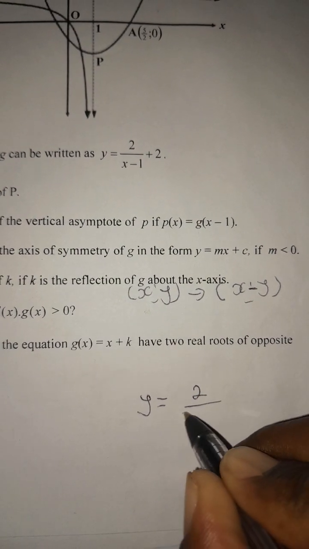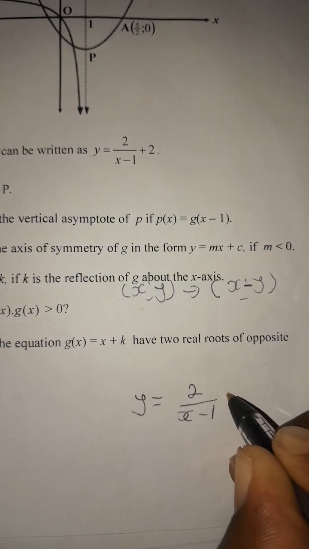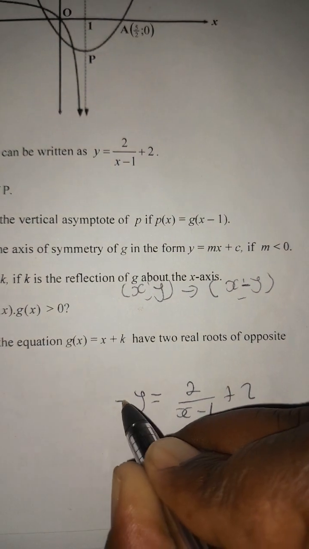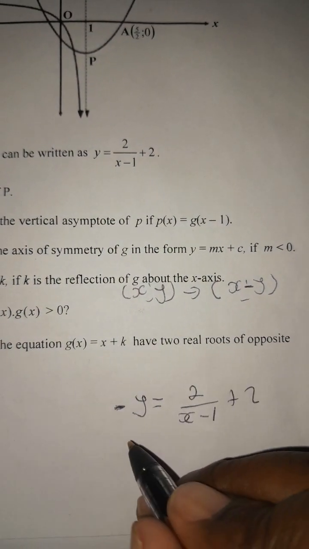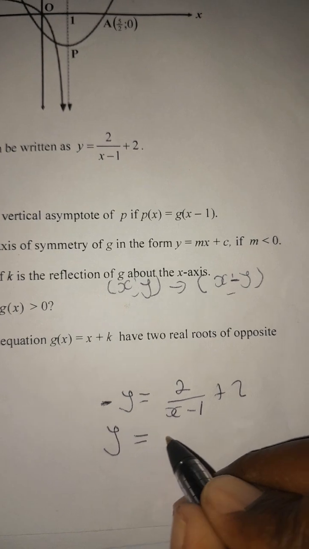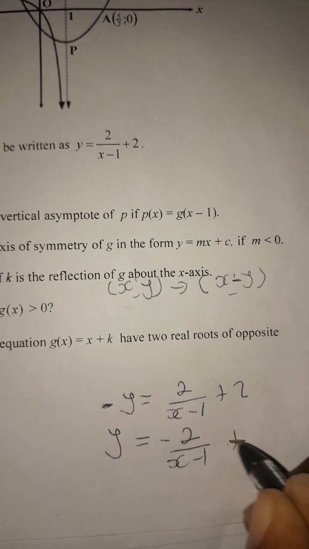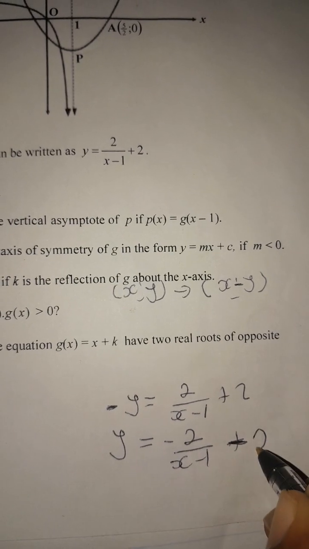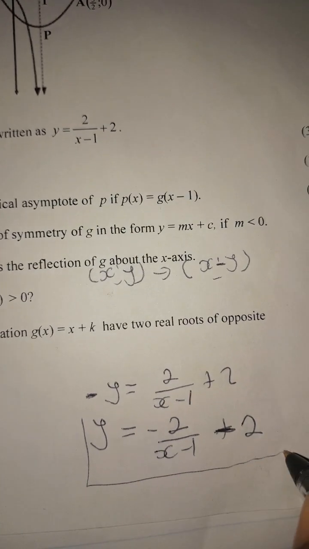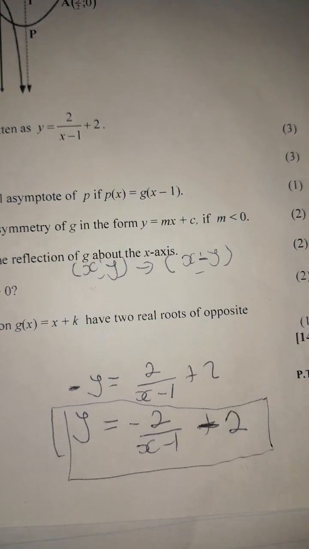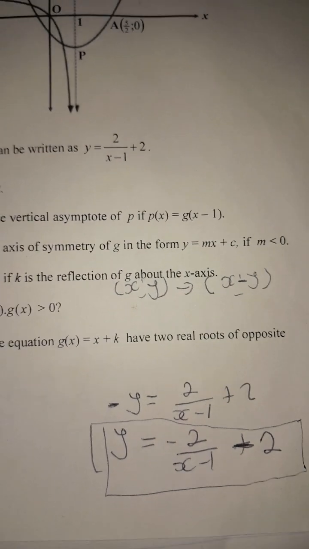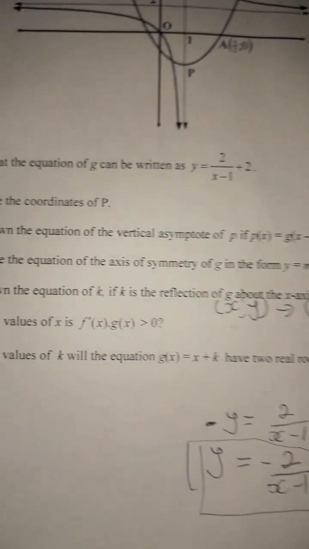Remember that the equation of g is 2 all over x minus 1 plus 2. So your y becomes negative. You divide everything, you're going to have negative 2 over x minus 1 plus minus 2 here. So we are going to have this as our equation, as the reflection in this case.